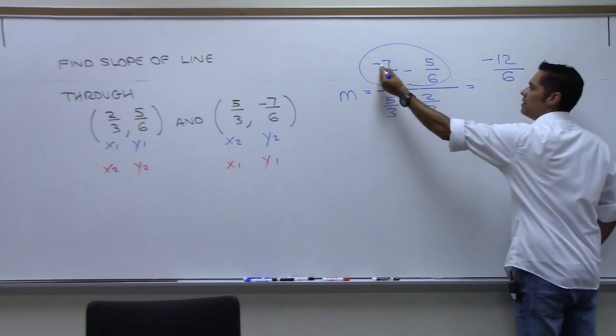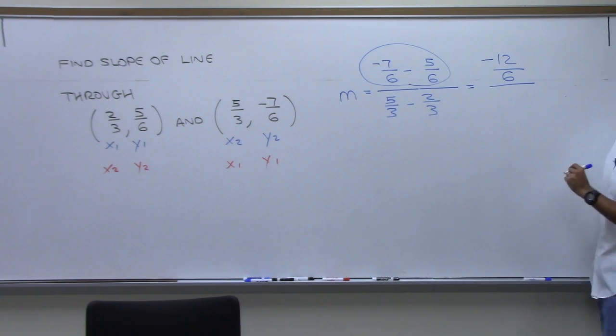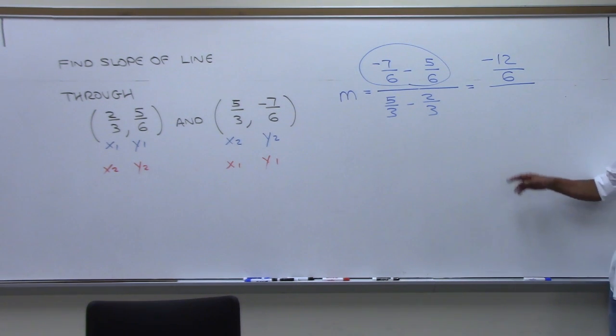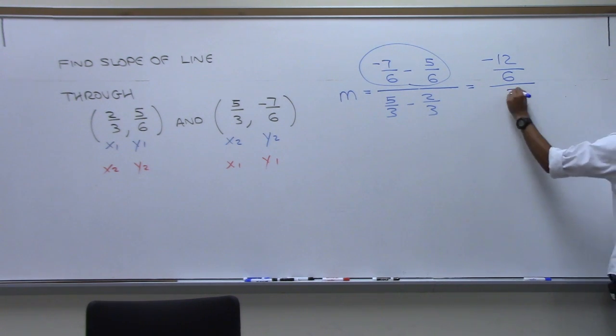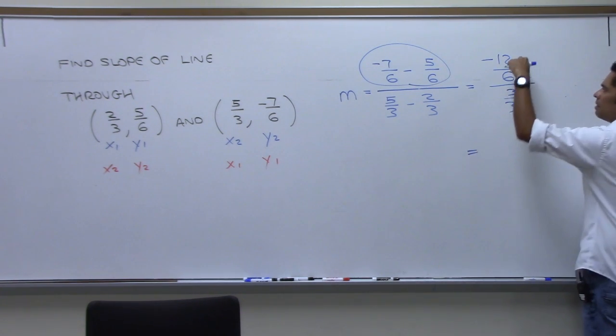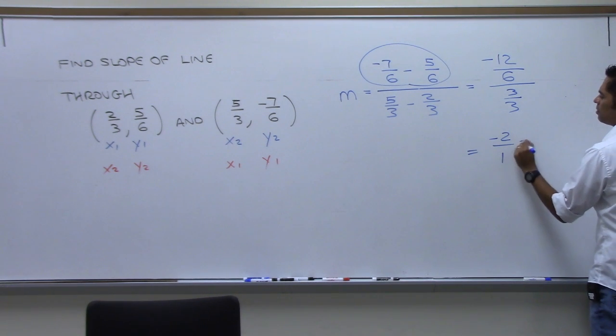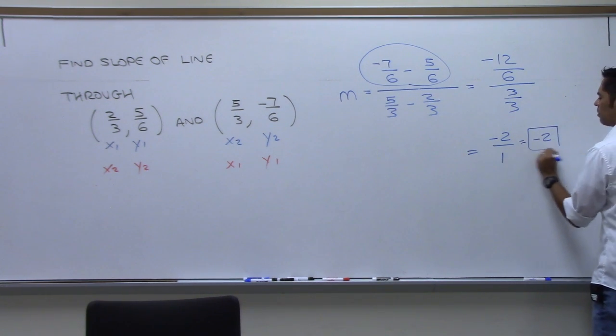So you're doing -7, take away 5, -12 over 6. And then on the bottom, I'll move on to Caesar. What's this? 3/3. Those actually clean up, don't they? I can actually simplify those now. So this becomes -2 over 1, which is just -2. So our slope's -2.